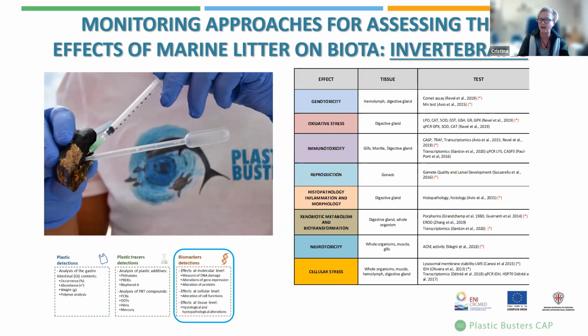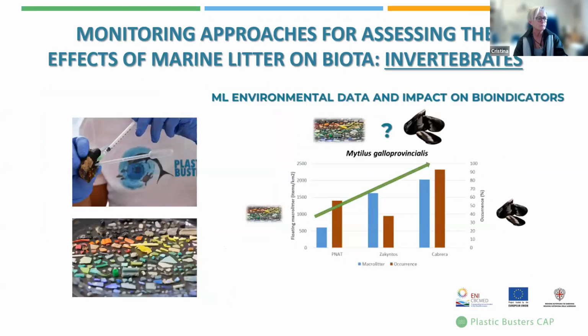Again, if you want more detail, you can check all the links. A very simple case study: why is it important to identify the presence of litter in the environment and the consequences in marine organisms? Here we have a very simple case study realized in the Plastic Busters CAP project, in which we analyzed the presence of marine litter in different marine protected areas.